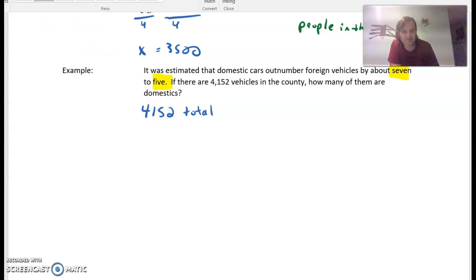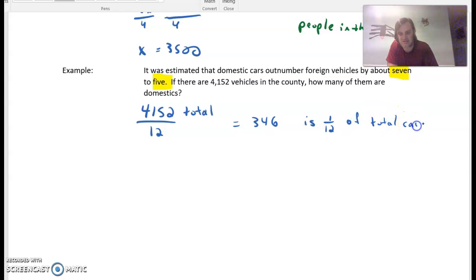So what we could do is divide this by 12. And when we do that, what we see is 346. That is 1/12 of the total cars. So take a moment to process this, and if you need to stop it or rewatch it, just note where we are.